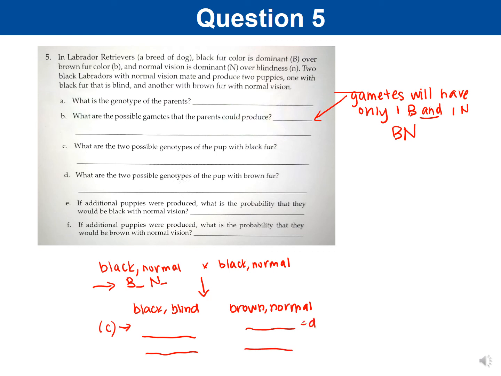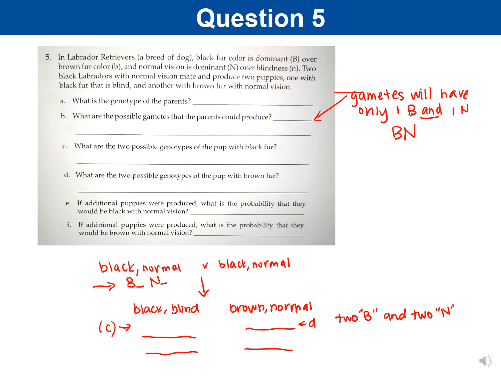The genotype is going to have two B's and two N's. And what you're going to find is that there are two possible genotypes that they could be. You have to work through this on your own.